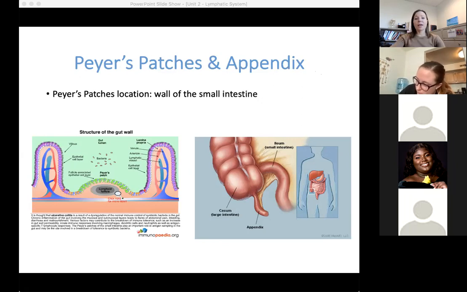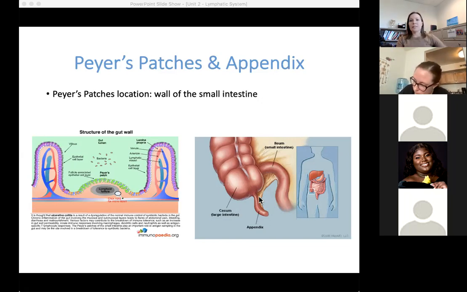Okay, and then the appendix, so you can see a picture of it here. It's almost like the size and shape of your pinky finger. That's pretty much what your appendix looks like. And it hangs off of the end of your large intestine, on the right side of your body.